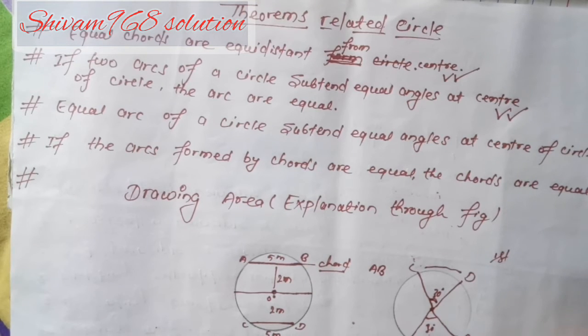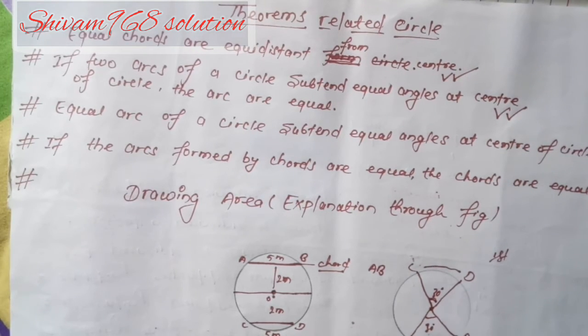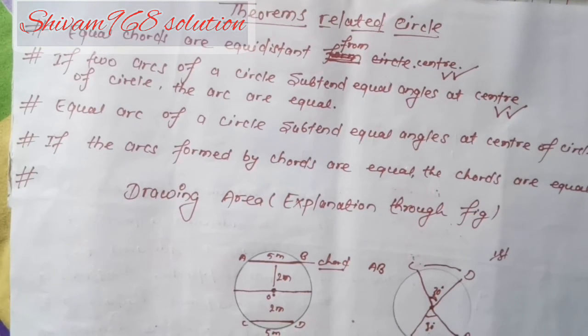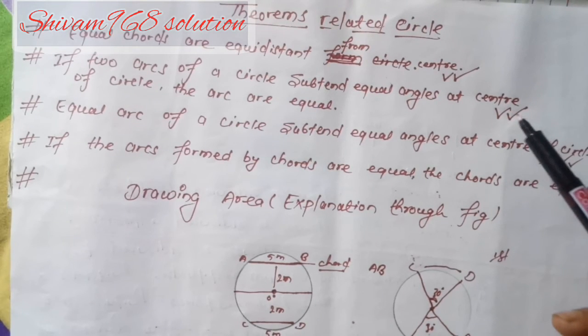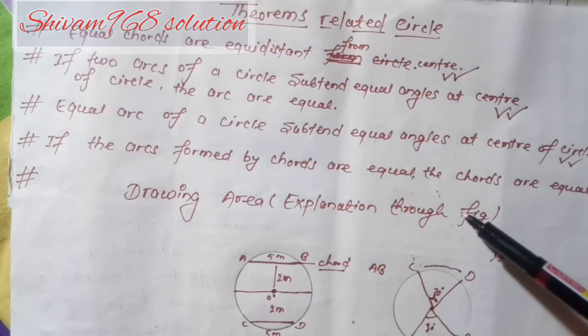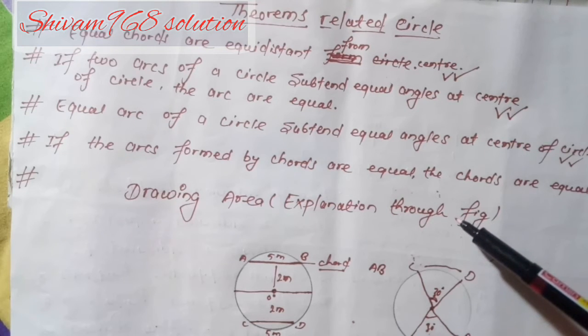And if arcs AB and CD are equal, then they will make equal angles, 30 degrees and 30 degrees, or any angle such as 40 degrees. So if the arcs are equal, the angles are equal. This is the converse of theorem number 2; theorem 3 is the converse of theorem 2. Now the fourth is about the arcs formed by chords.